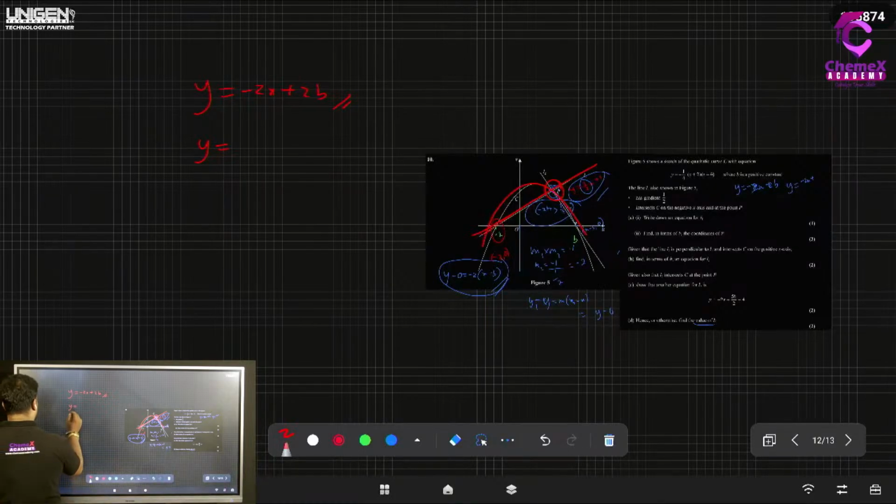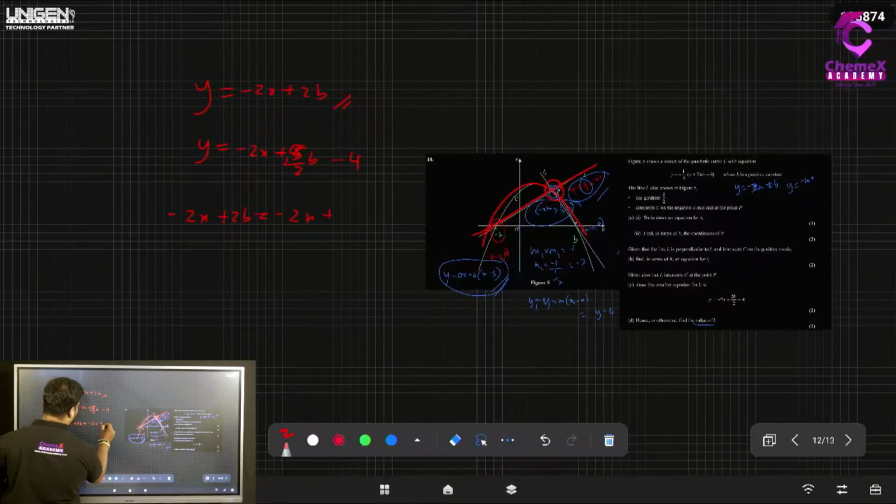So you can take two equations. y equals minus 2x plus 5 over 2 b minus 4. I'm going to equate these two: minus 2x plus 2b is equal to minus 2x plus 5 over 2 b minus 4. Then what can you do? You can multiply everything by 4.